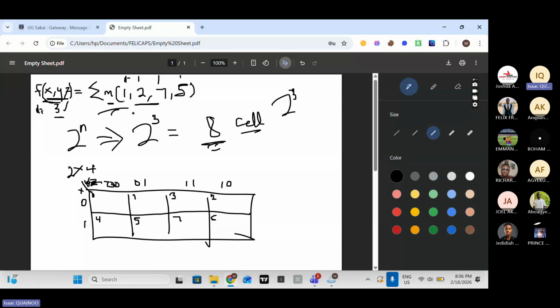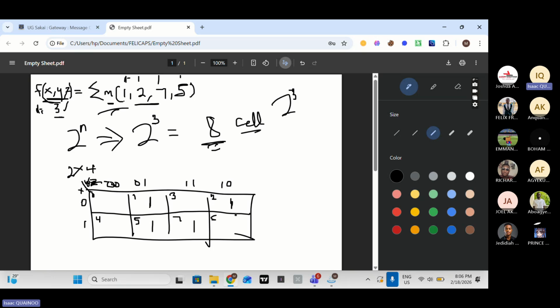So you have to locate cell number 1, cell number 2, cell number 7, and cell number 5, and in those cells you plug in a value of 1.